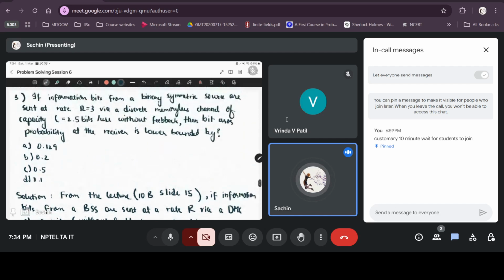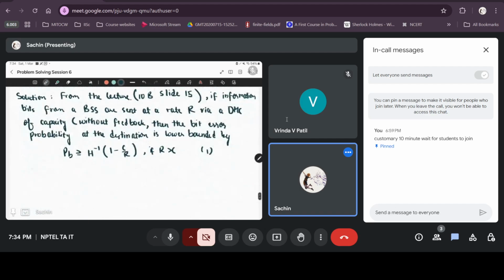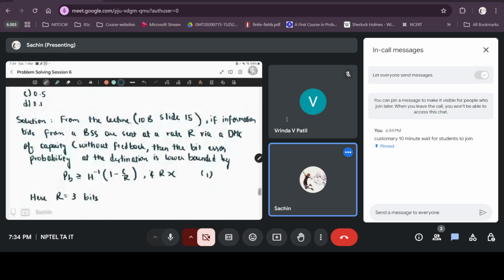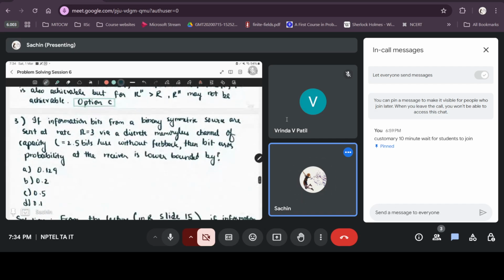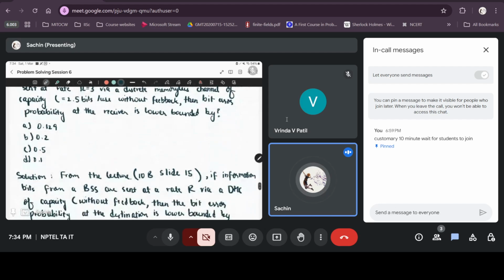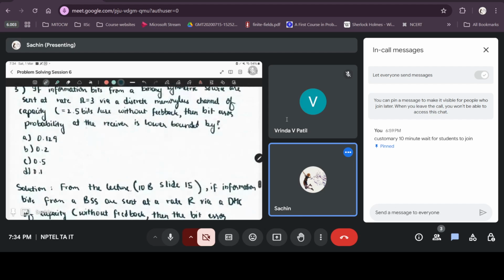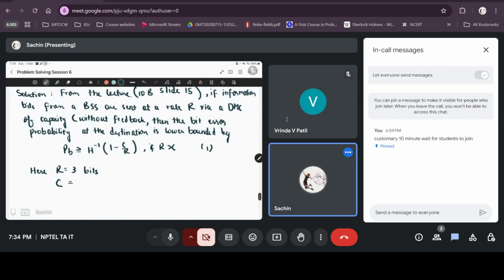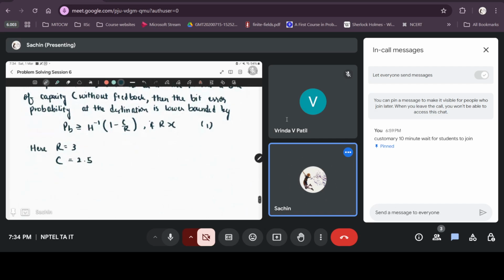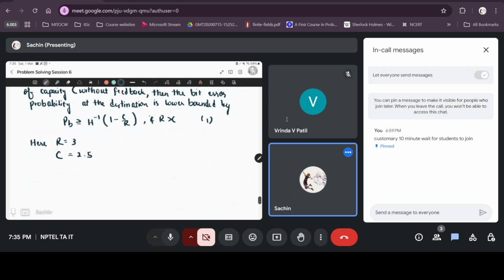And for our question, here R is 3. We're sending it at 3 bits per use. Capacity is 2.5 bits per use.